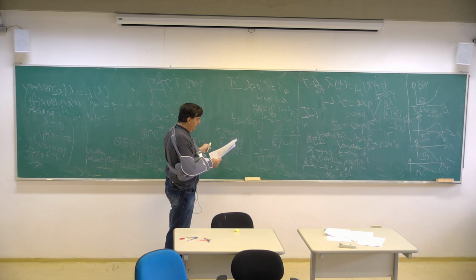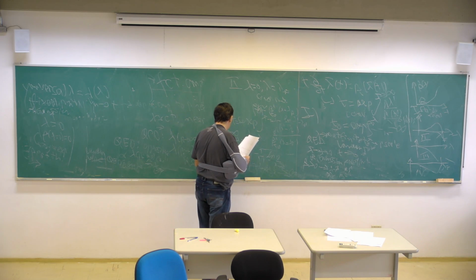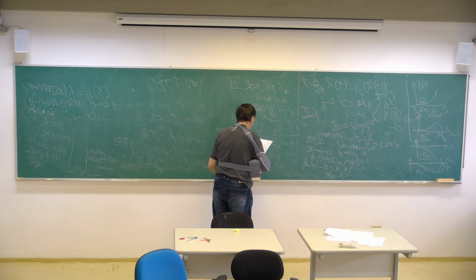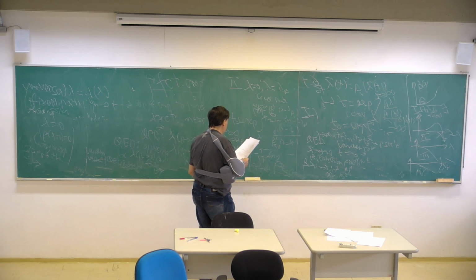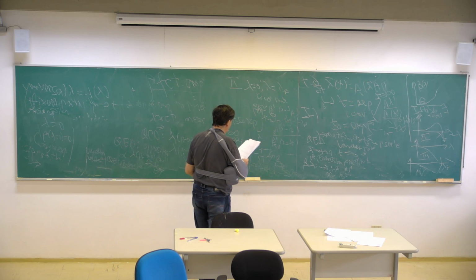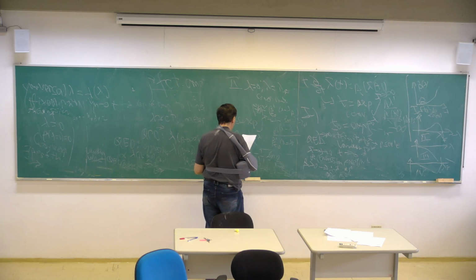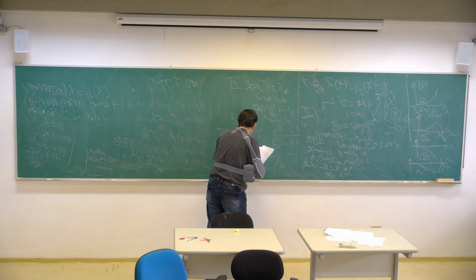And this is stable because if lambda is greater than lambda f, beta is negative. So we've driven to mu.